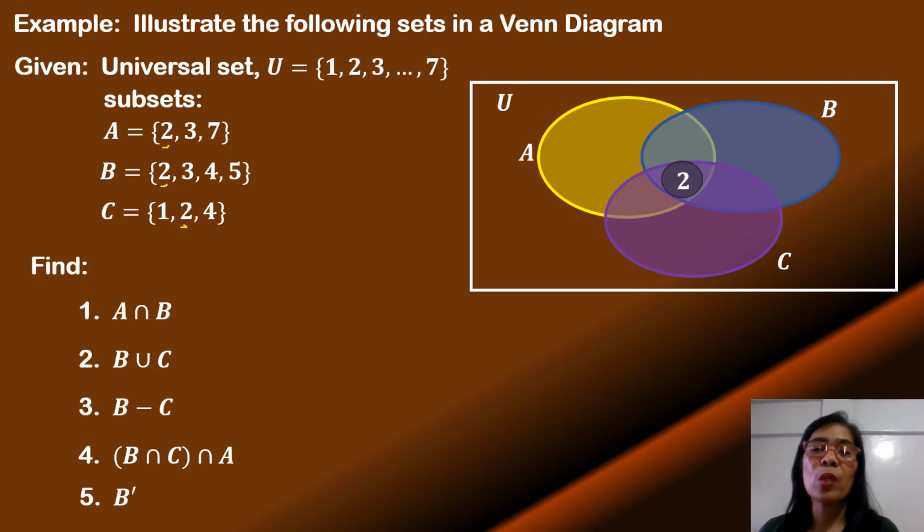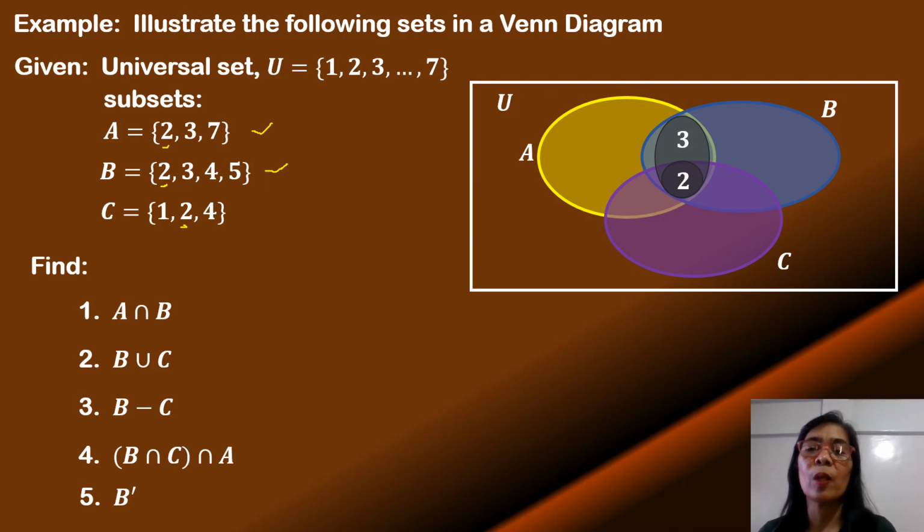intersection between two sets. Between set A and set B, they have common elements 2 and 3. Since there is already an element 2 common to A and B, this is the region showing the intersection between A and B. Since there is already this common element to A and B, which is 2, the remaining common element to A and B is the element 3.